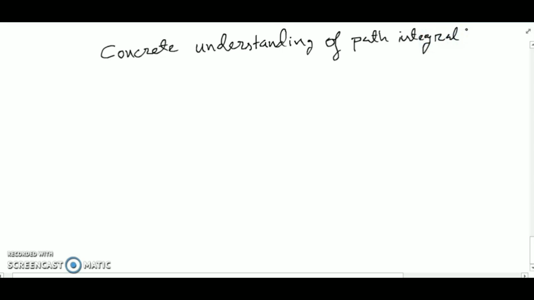Okay, concrete understanding of path integral. Okay, so what is the meaning?